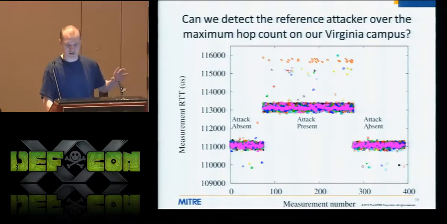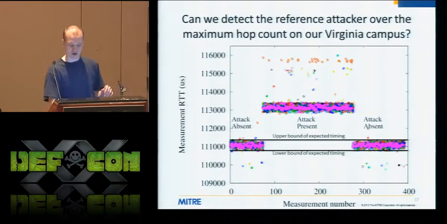We had 31 different hosts in a lab that's used for our training. You can see that the first thing here is that all 31 hosts basically behave the same way at the same time. When no attack is present, all 31 hosts take about 111 milliseconds for this round trip time.